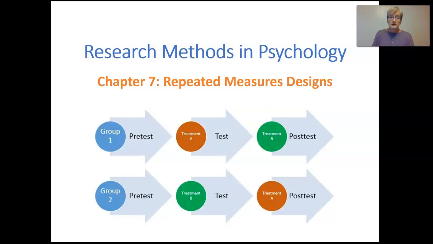Now we want to look at, in my mind, a more complex design, and often a type of design that students can find confusing, not so much conceptually, but in terms of the data analysis that's involved.